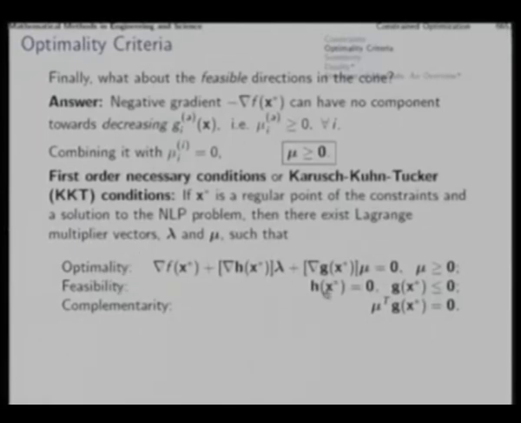And from the feasibility requirement, which is part of the problem statement itself, that is h x star is 0 and g x star is negative or 0, and complementary condition is this.